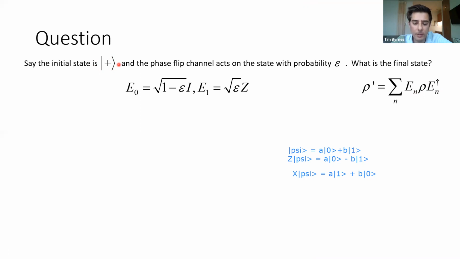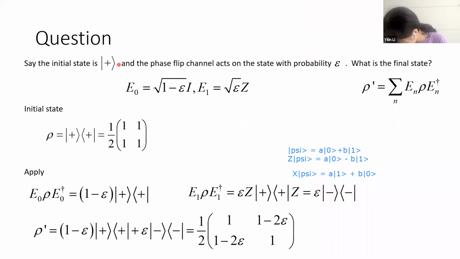So I can reveal the answer. So the initial state is that. So you have the ket and the bra plus states. And the easiest way really is to not necessarily work with the matrices, because applying identity on the state is always the same.